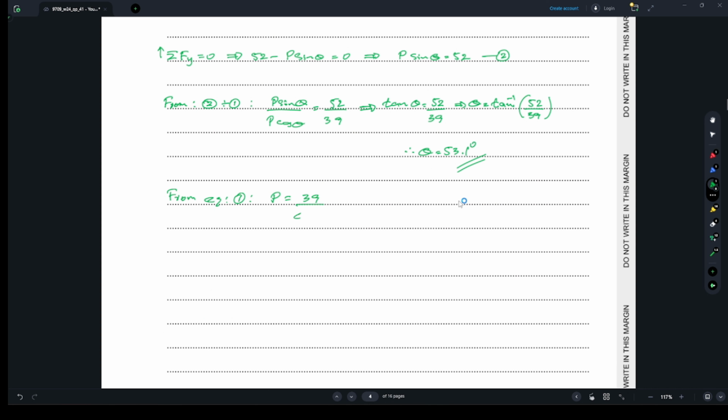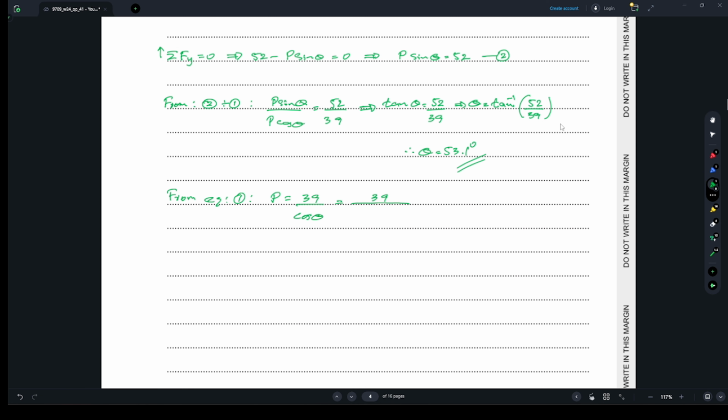So divide by cos theta. In case you don't have enough time to use the calculator, then just take 39 divided by cos 53.1.